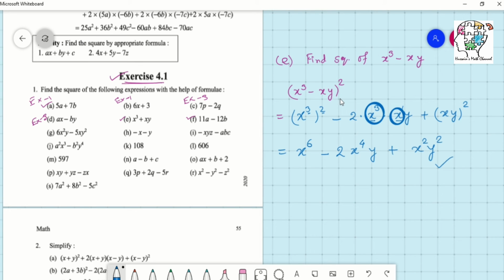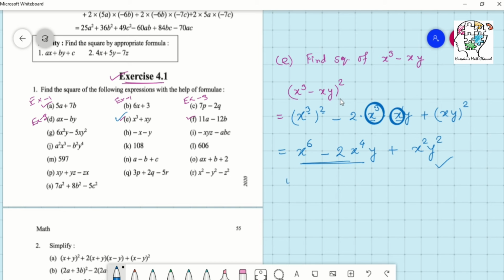So this is the answer of number e. So we have done e. Now for g, h, i, you can use those similar formulas for your answers.